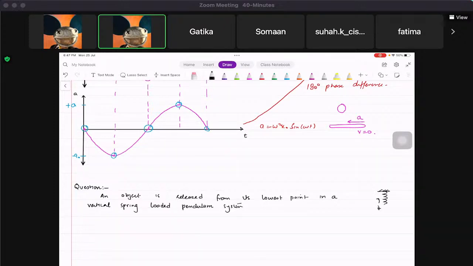Now, they say the max displacement of the object is 3.5 centimeter on either side of equilibrium.